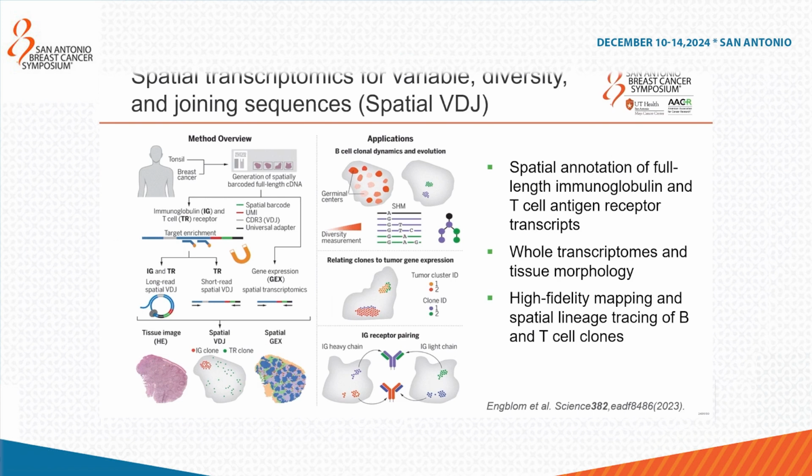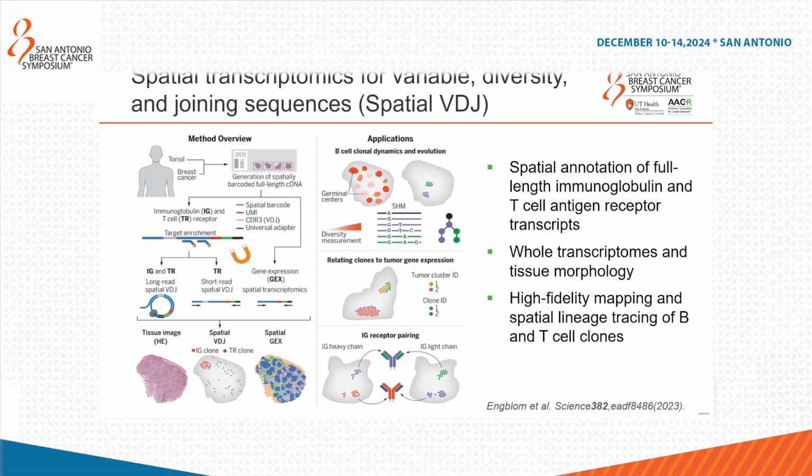The T-cell receptor sequencing shown here is very interesting, but as with other single cell assays, here we miss the spatial component, and I think that this is a question that can be addressed by spatial transcriptomics.